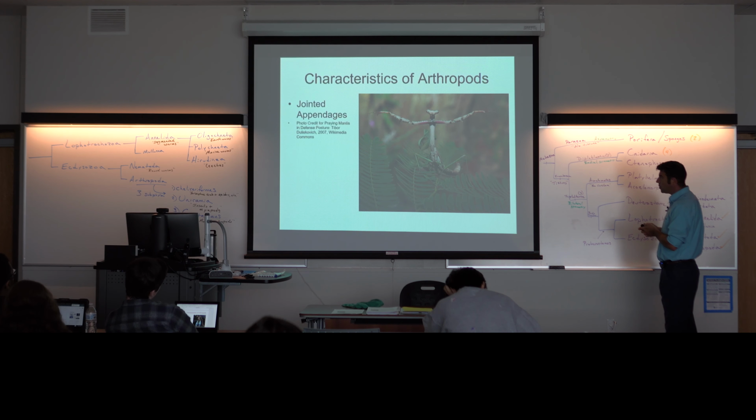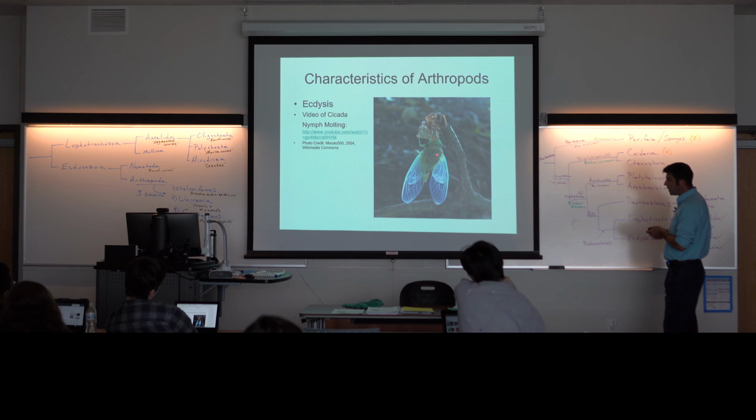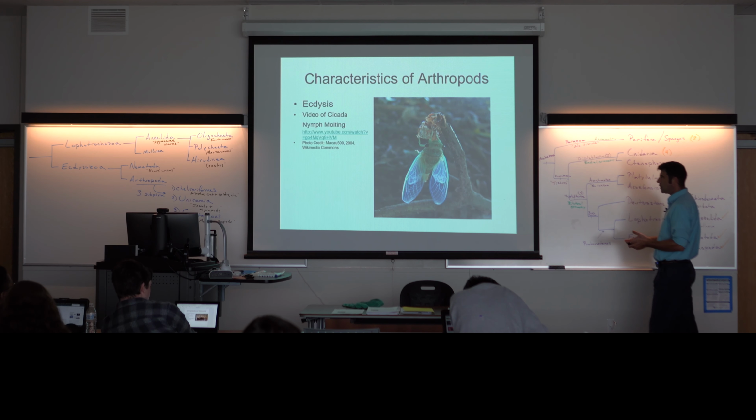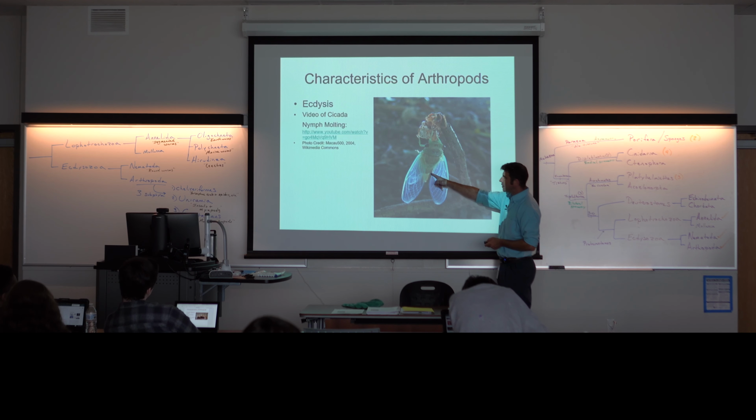The other thing that's notable about this exoskeleton that we can see from this video is that when these organisms molt, or shed, those are two terms that describe ecdysis, the process of shedding their exterior. When arthropods shed this exterior, it takes a few days, well, let me qualify that.